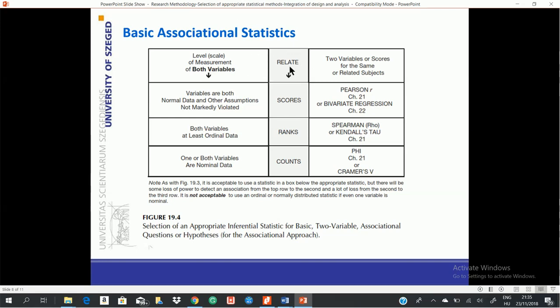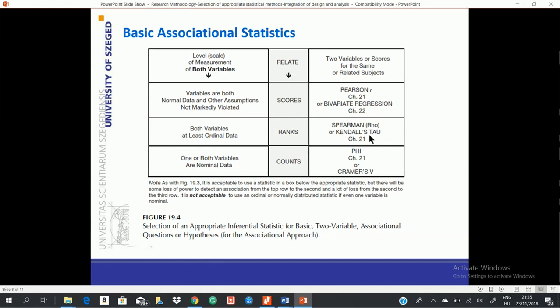Okay, it's related. For this it is score. Score can be test score, questionnaire score, or both variables related rank. For nominal data, it's count.